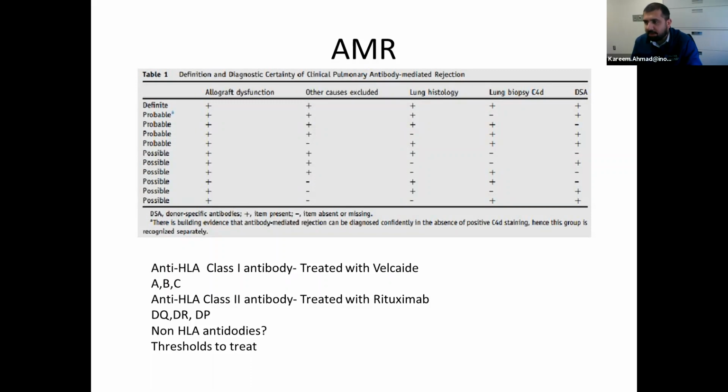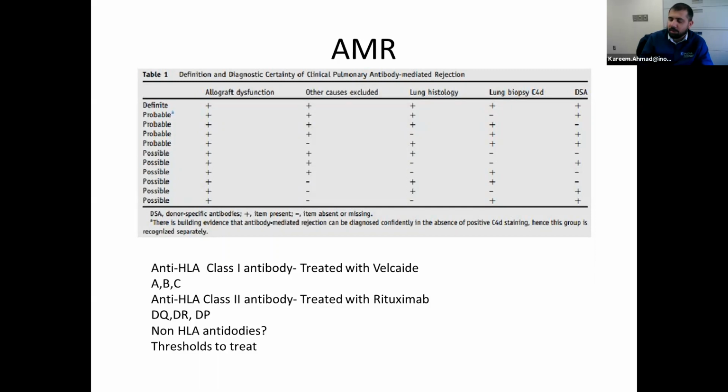If that process opens up the floodgates and the innate immune system, your neutrophils and eosinophils can extend into your parenchyma, then you can get something that looks like ACR under a microscope, but it's mediated in some aspect by antibodies that are formed against the donor. So AMR under a microscope can also be seen floating around in the bloodstream.